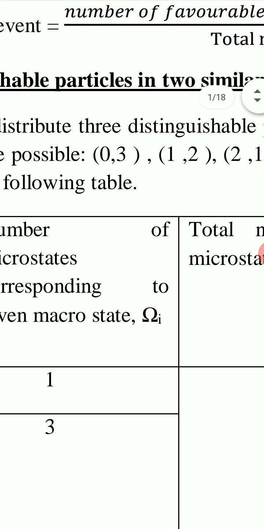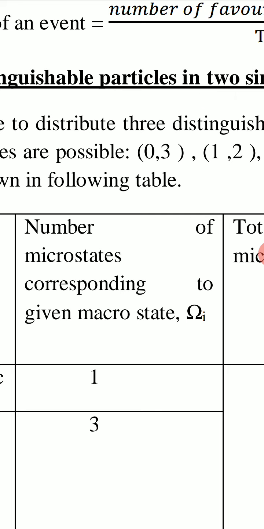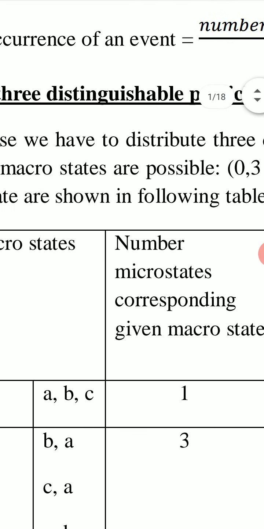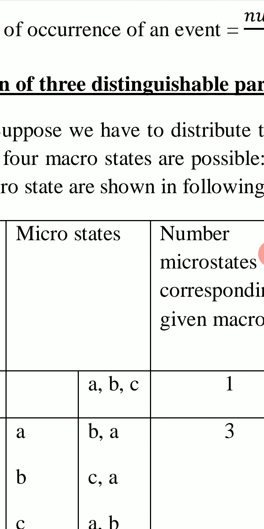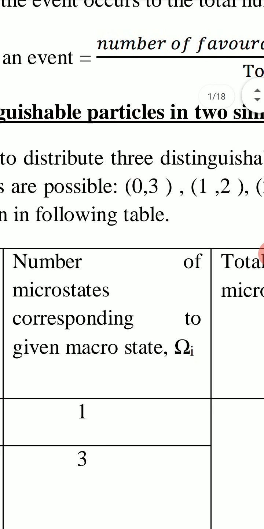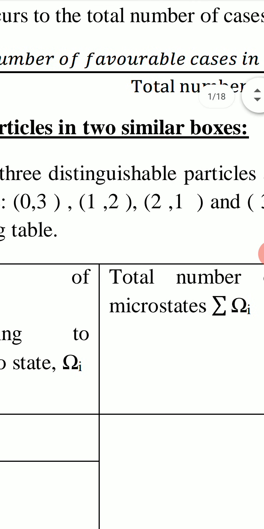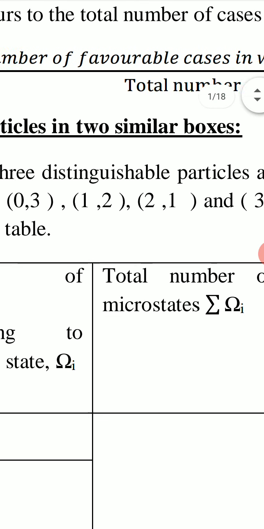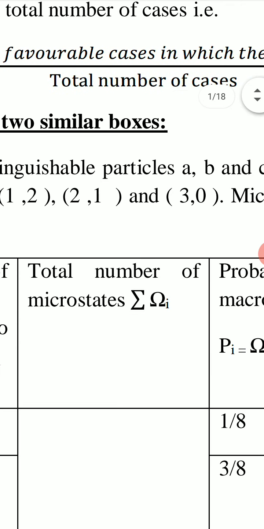These 4 ways are known as 4 macrostates. These are 0, 3. In first box, number of particles is 0. In second box, number of particles is 3. Other macrostates are 1, 2, 2, 1 and 3, 0.